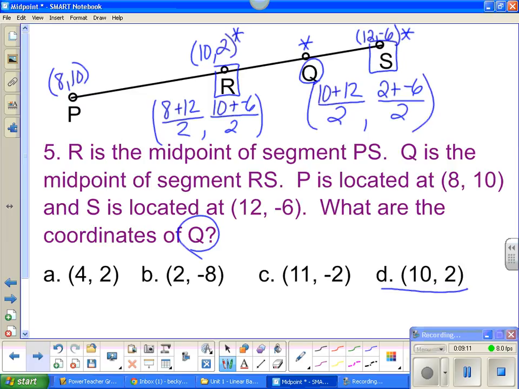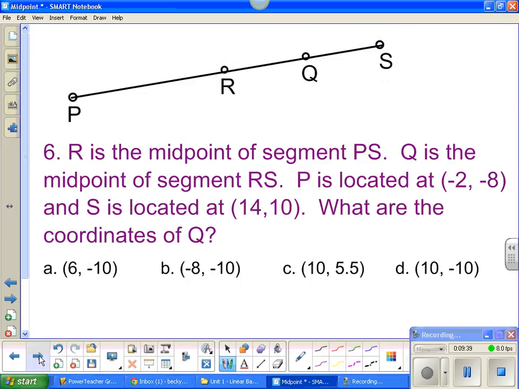So 10 plus 12 is 22, and 22 over 2 is 11, and 2 plus a -6 is a -4, and -4 over 2 is a -2. So (11, -2), which is C. So again, that's not difficult. You just have to do the midpoint formula twice. But the big kicker there is to read.